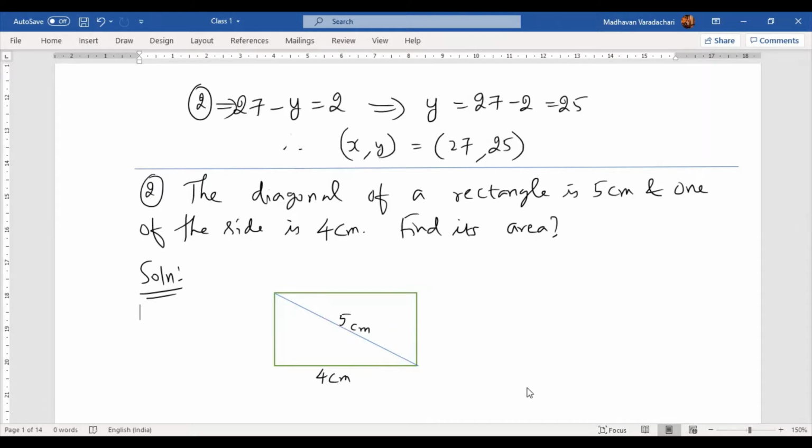That means this is also 4 centimeter, because this and this are the same. This and this are the same in a rectangle. Similarly, all of these will be right angled, means each of them will be 90 degrees.